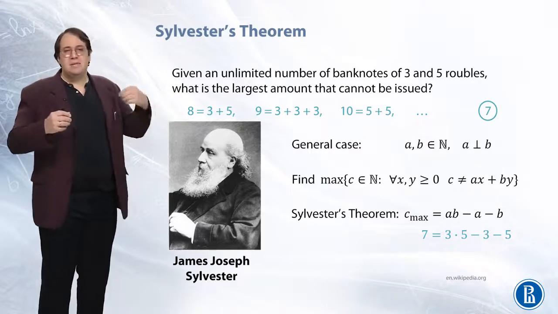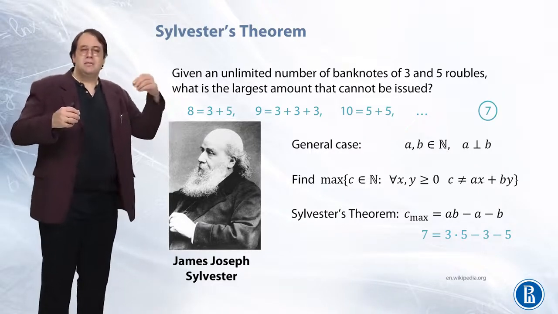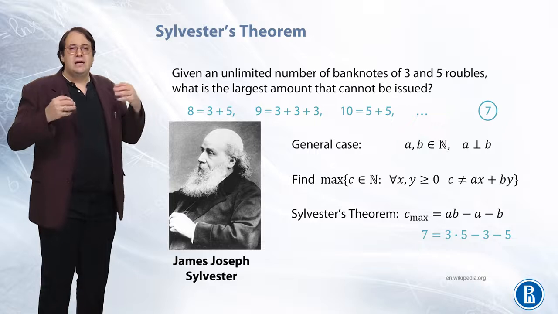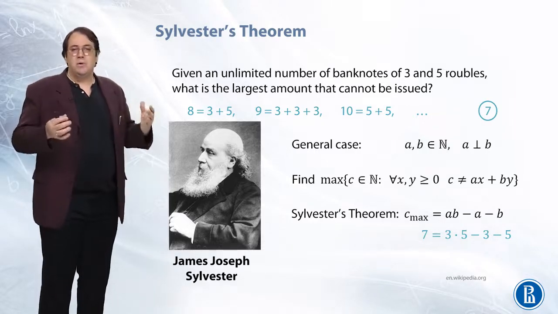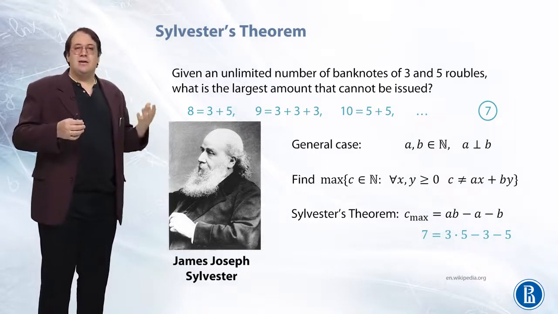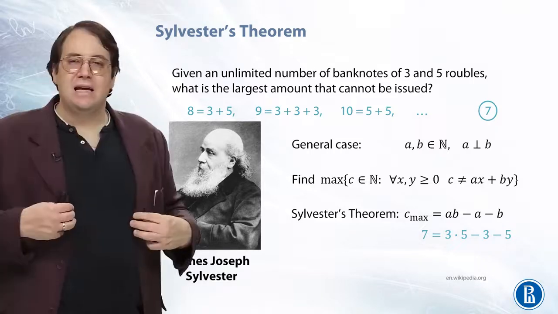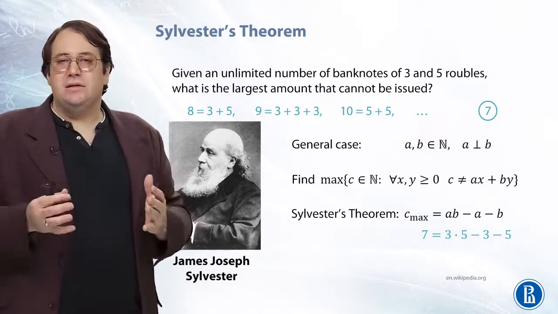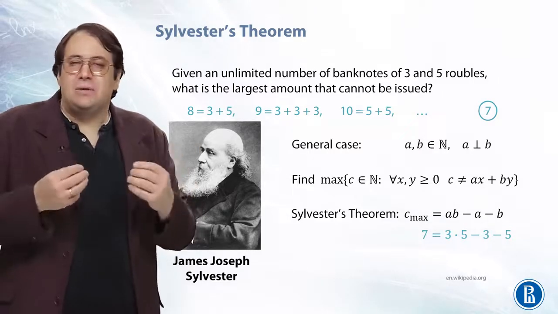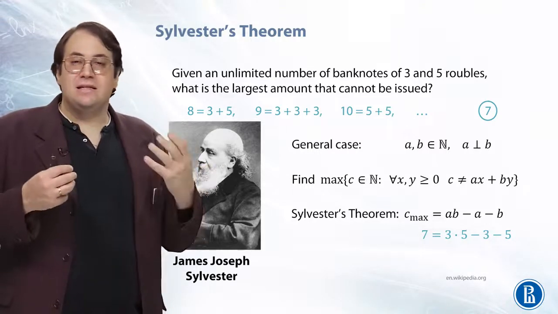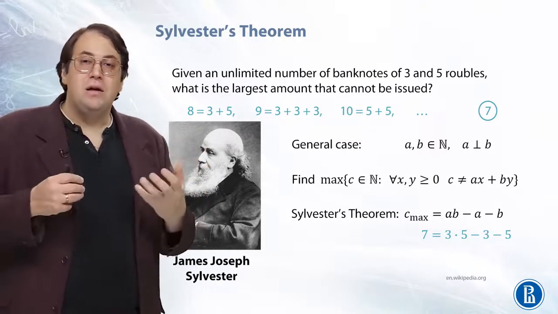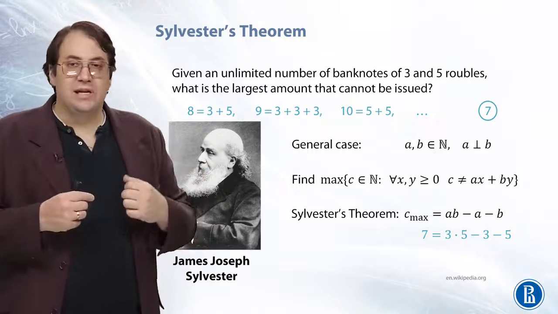Well, a plus a plus a and so on, plus b plus b plus b and so on, is actually just ax plus by, where x and y are non-negative integers. So the question is, what is the greatest c that cannot be represented as a linear combination of a and b with non-negative coefficients x and y.